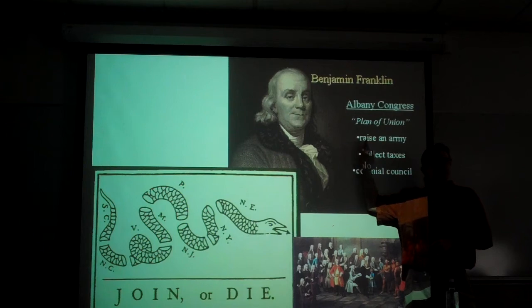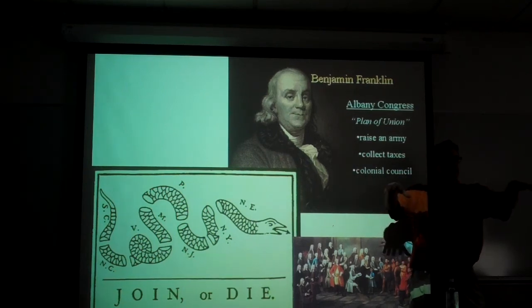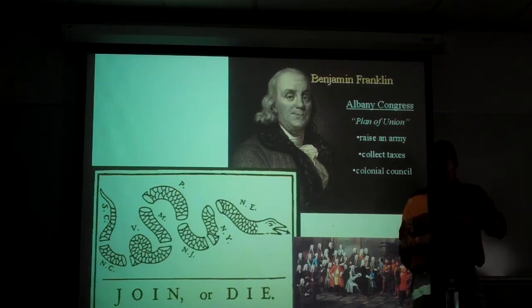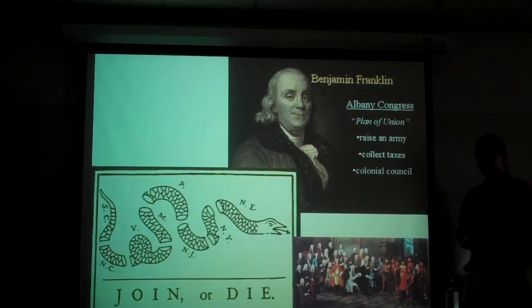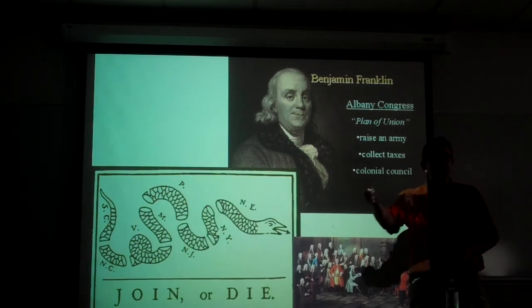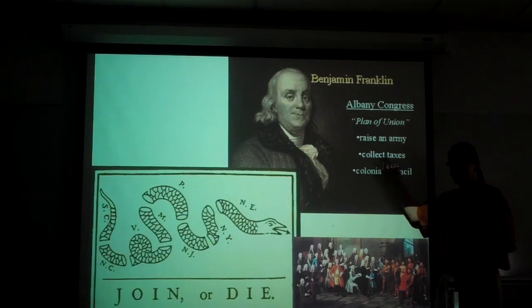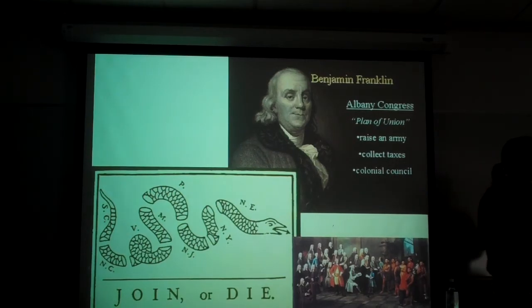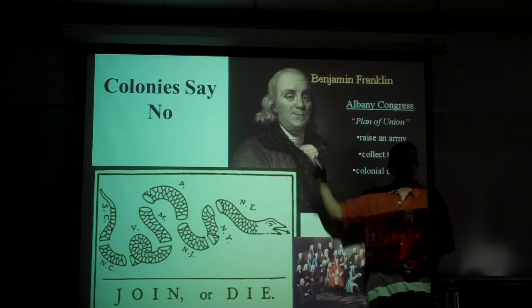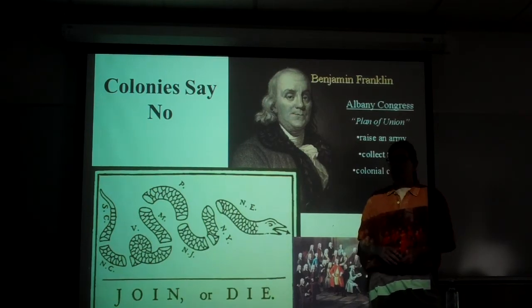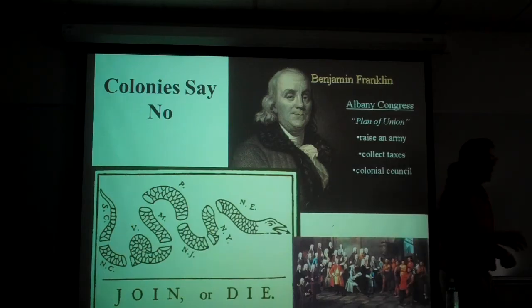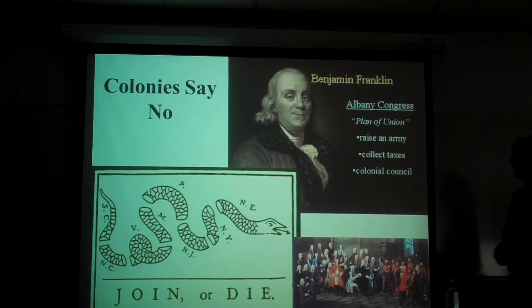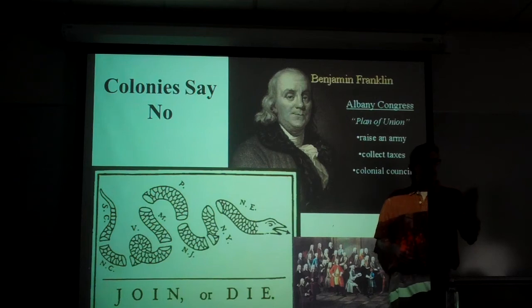Because then, those delegates who went to the Albany Congress, they had to go back to their home colonies, back to Virginia and Pennsylvania, and then they had to try to persuade the colonial legislatures to agree to the plan of union. And at that point, every colonial legislature said no. They all rejected Franklin's plan. Why?